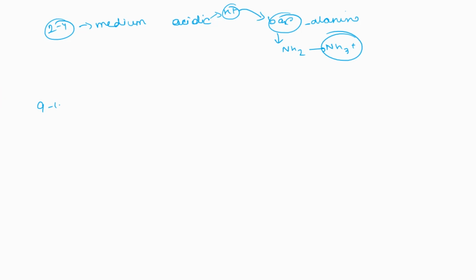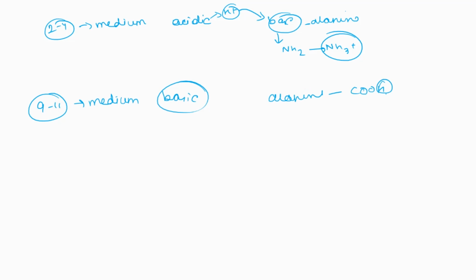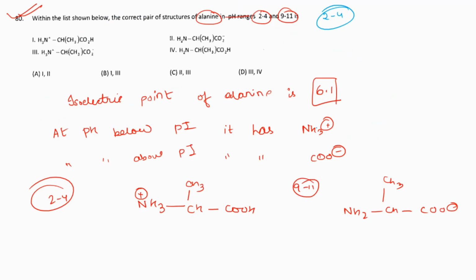And when the pH is 9 to 11, my medium is basic. Alanine also has an acid, so the hydrogen present in the acid will leave the COOH part and go to the basic medium. So you will get COO minus as a species. That's what is happening.